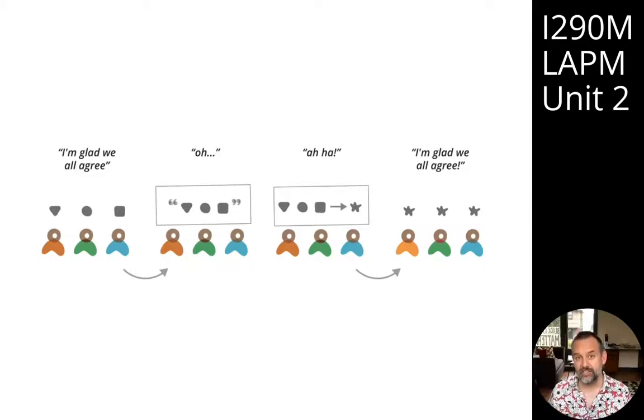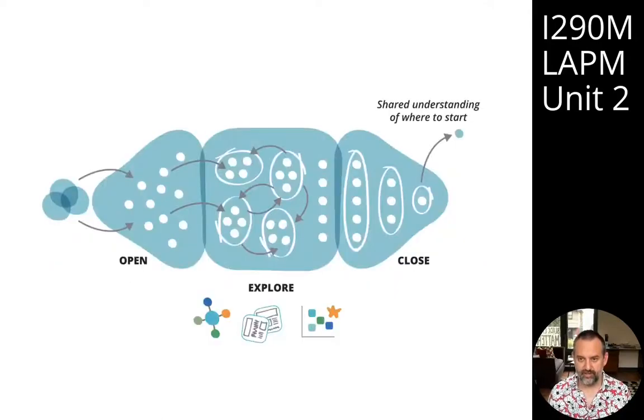So I mentioned design thinking. One idea in design thinking is this concept of divergent and convergent thinking and exploration. So lots of activities use this model in order to explore a particular topic or a particular subject.